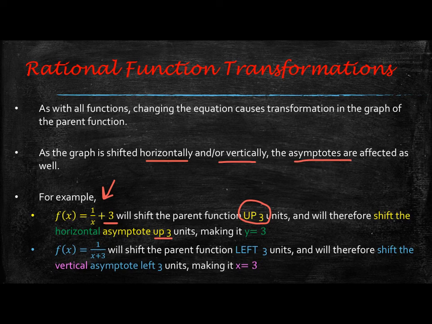The horizontal transformations are going to be with the x. So if I have a plus 3 that is added onto the x, that is going to make it move to the left 3, and therefore it's going to shift the vertical asymptotes to the left as well, making it x equals 3.